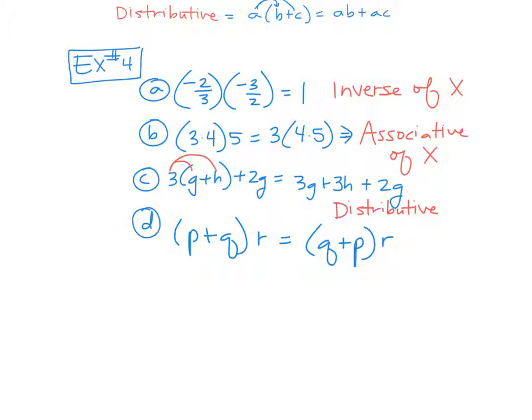Commutative of addition, right? All we changed was those two. We still multiplied by R on both of them, but we flipped the order that we added in. So that's commutative of addition. Okay? Questions on that?